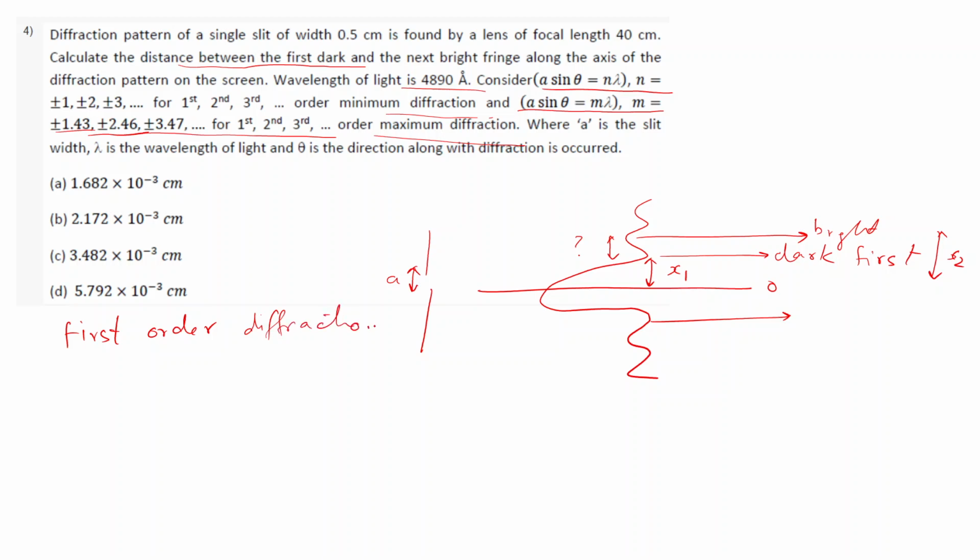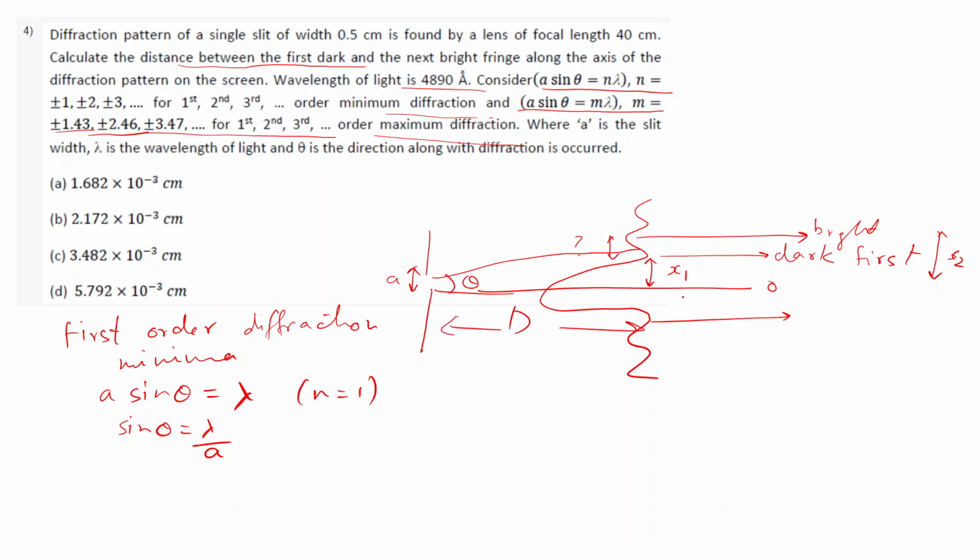First order diffraction minimum will be given by a sin theta = lambda, because n here I am taking as 1. From this, sin theta will be lambda by a. Also, from small angle approximation, we can take sin theta equal to theta, equal to tan theta, which gives x1 by d.